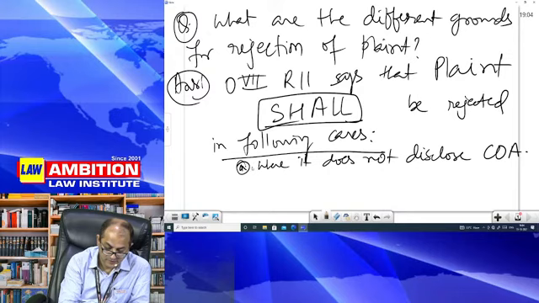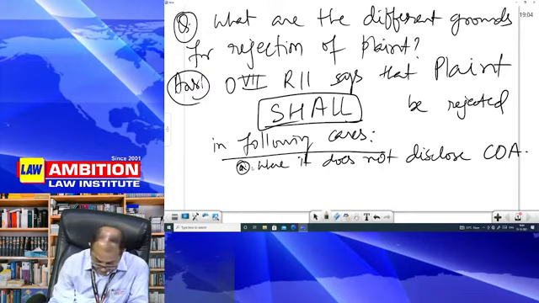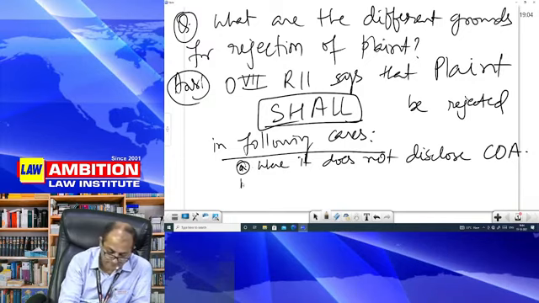B. Where the relief claimed is undervalued and plaintiff, on being required by the court to correct the valuation within a time to be fixed by the court, fails to do so.